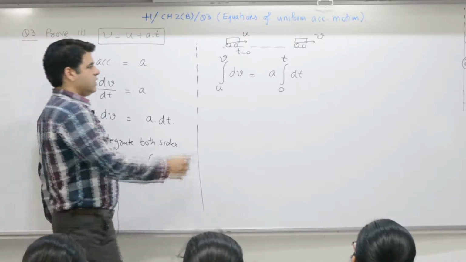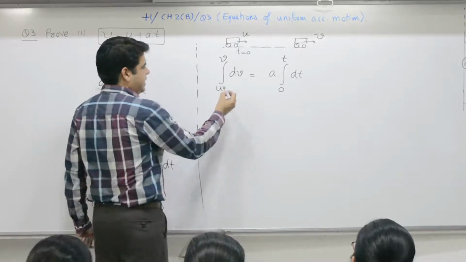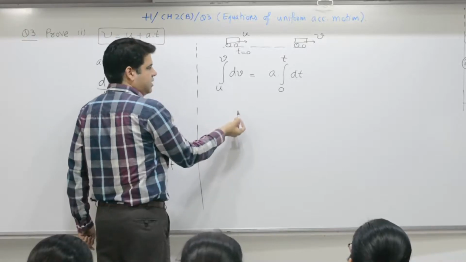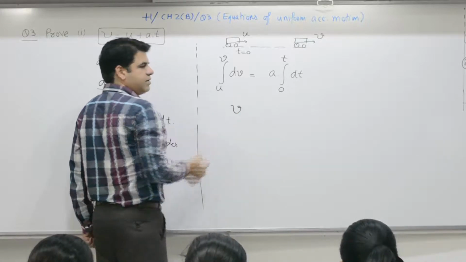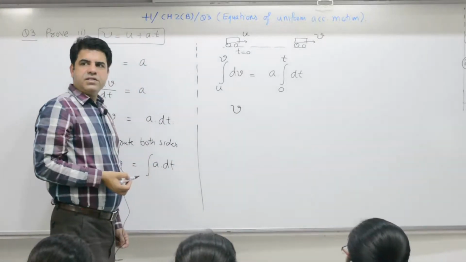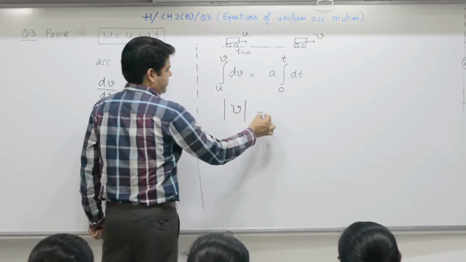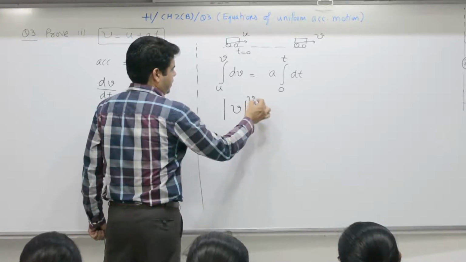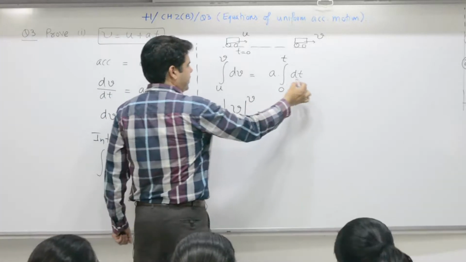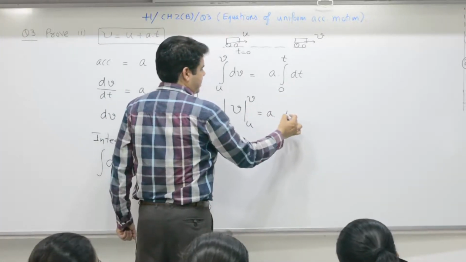Integration of dv is what? Integration of dv is v. You can now directly write integration of dv is v, limits u to v, equals a. Integration of dt is what? t.